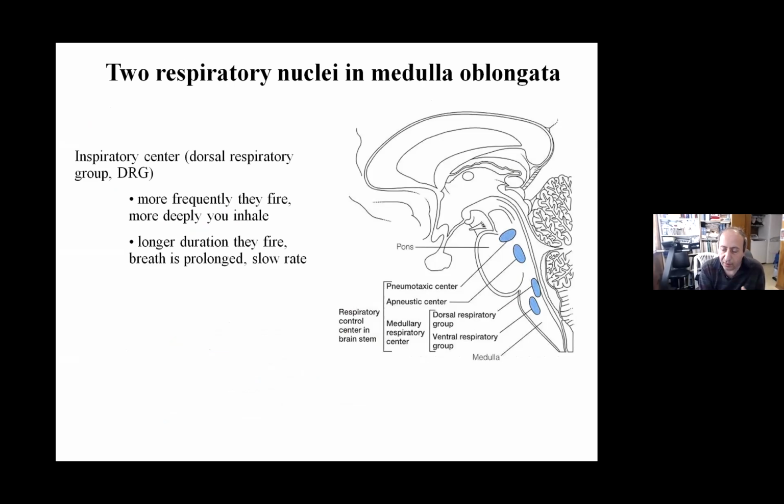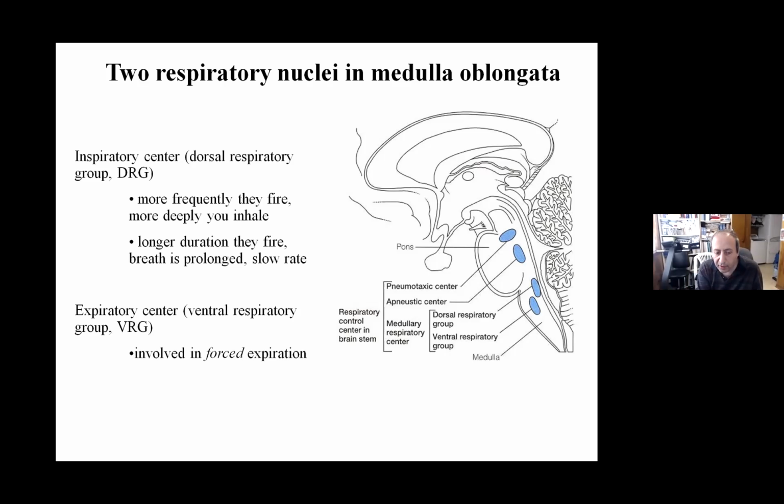So if we stimulate this region, the person will inhale deeper, more air. But if we inhale a lot of air, then the breathing rate will slow down. So in each cycle there is a bigger exchange of air, but the frequency of breathing is lower.